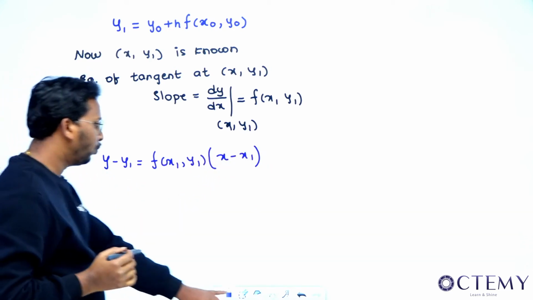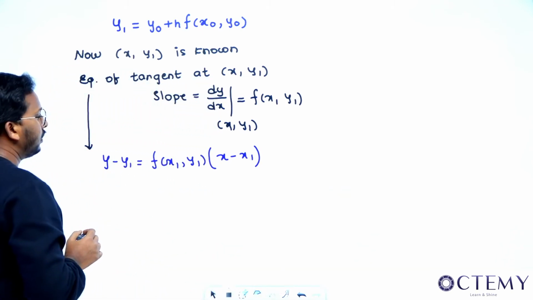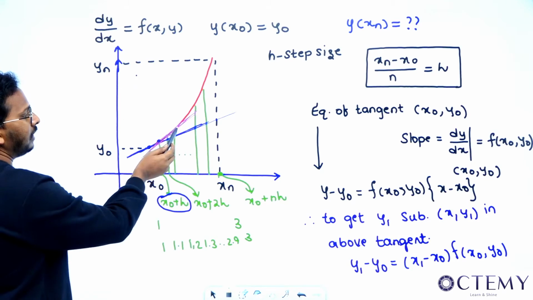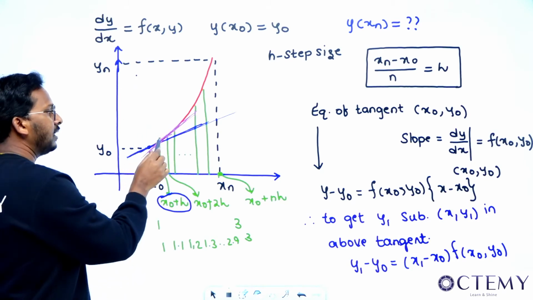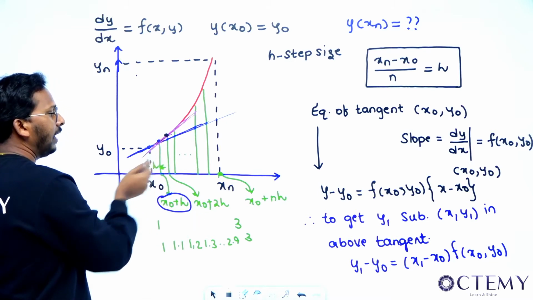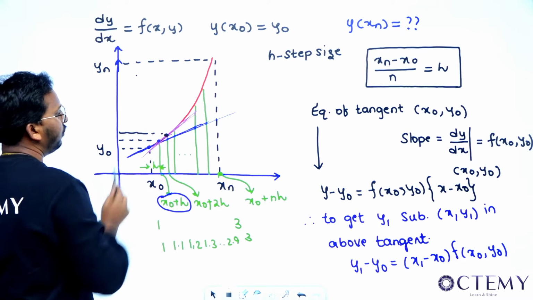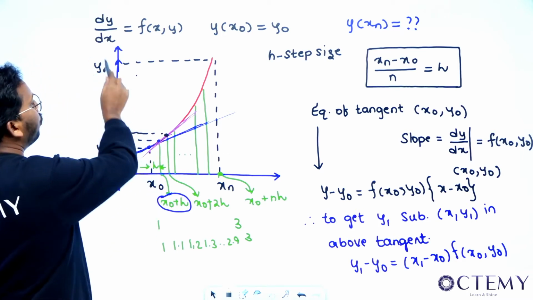Now what we have to do to get the next y2? Because if the tangent is this pink color tangent, the next point, that is x2, will lie on this. We have somehow found y1. Next, if I want to find y2, and then so on, I have to go till yn.